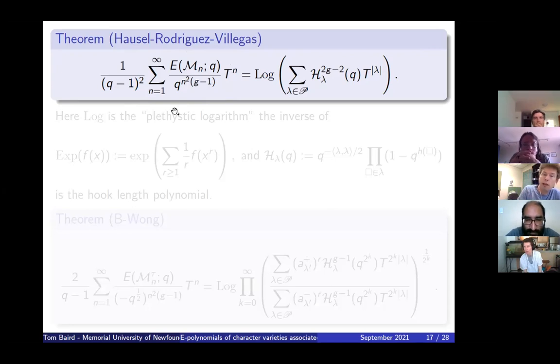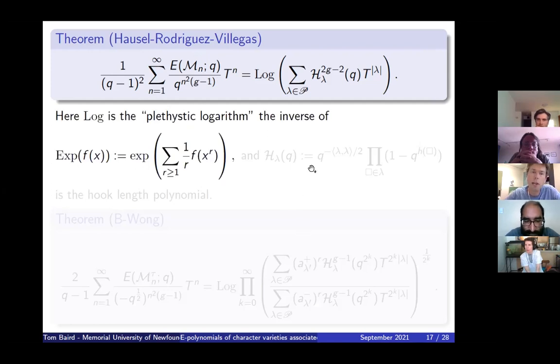Okay, so that's one side, where the e-polynomials are. And on the other side, you have the logarithm, or the plethystic logarithm, of a sum over partitions, over Young diagrams. This is a purely combinatorial thing on this side, and a geometric thing on this side.